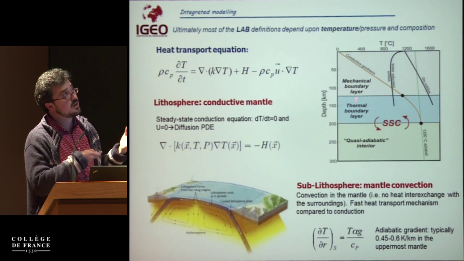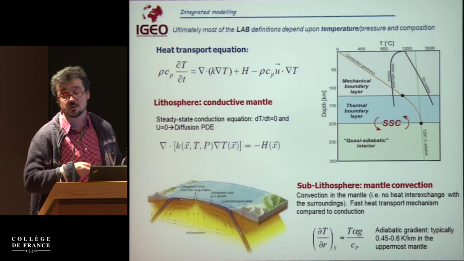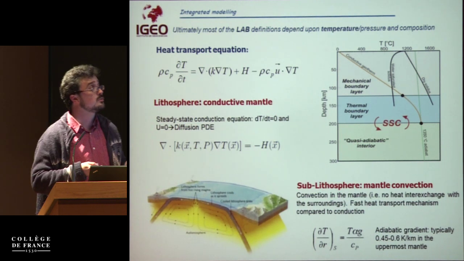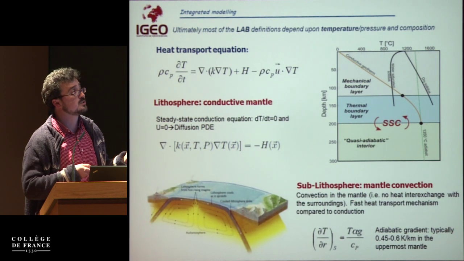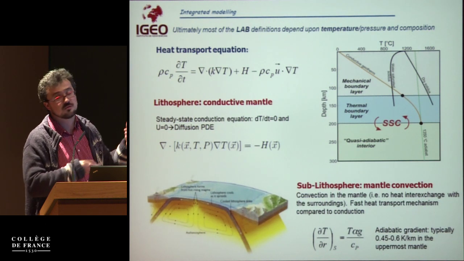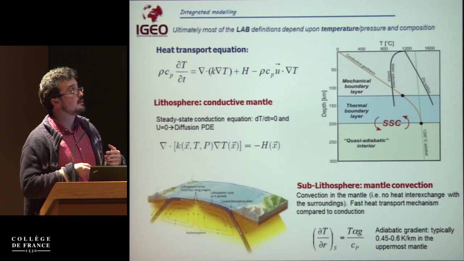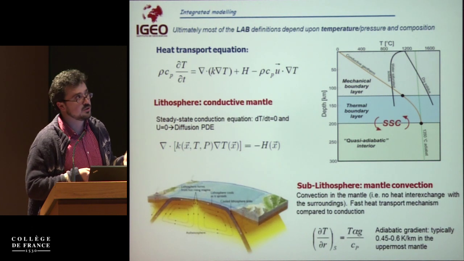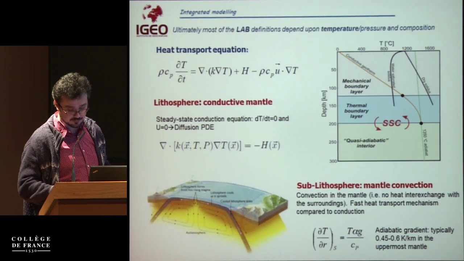In between, we have a transitional or boundary layer in which, to some extent, the two processes, conduction and convection, take place. Of course, it's a challenge to parameterize this zone. Normally, what people do is to assume some smooth function or even a linear function. But in any case, I think we shouldn't expect any major thermal discontinuities in there.